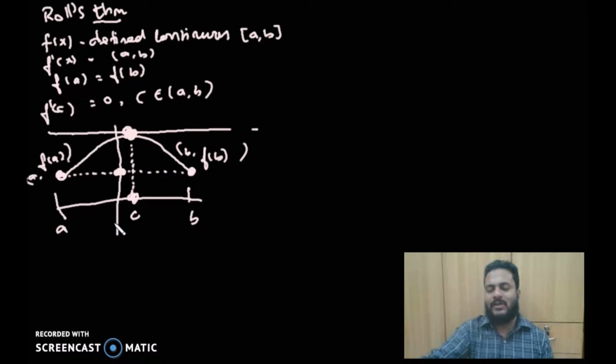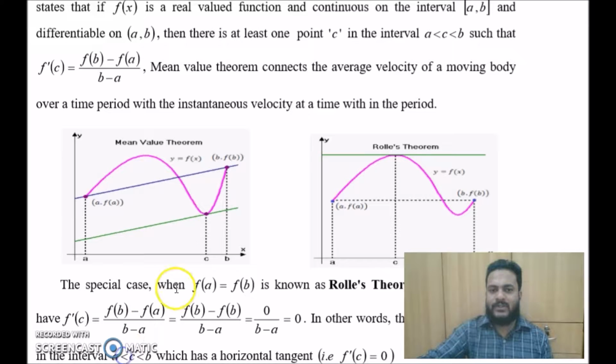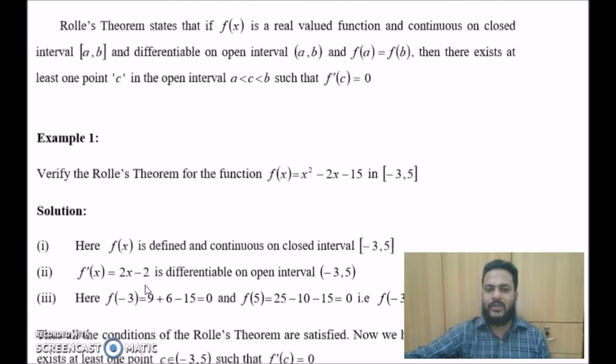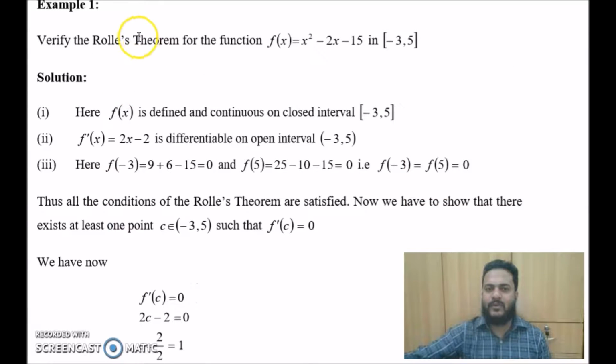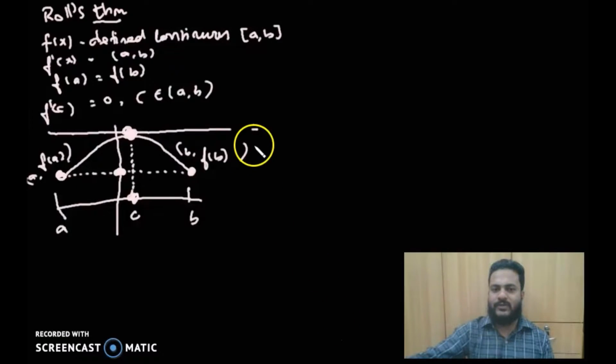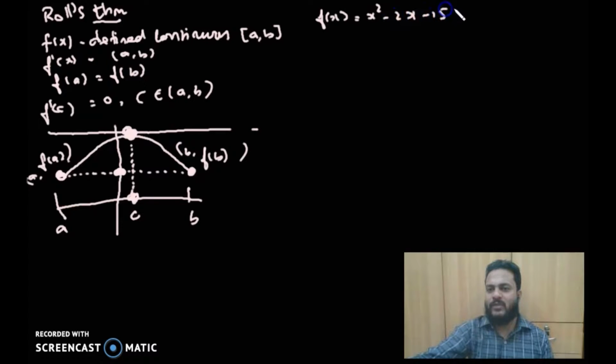Let's discuss a problem now. Verify Rolle's theorem for the function f of x is equal to x power 2 minus 2x minus 15 in the interval minus 3 comma 5.